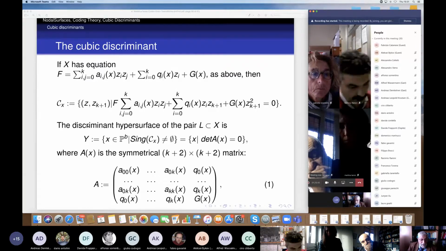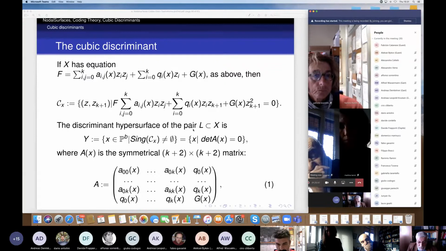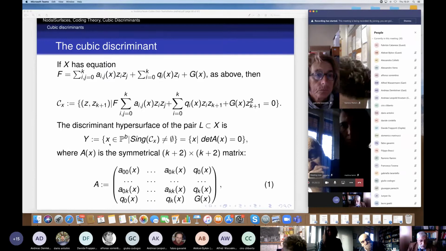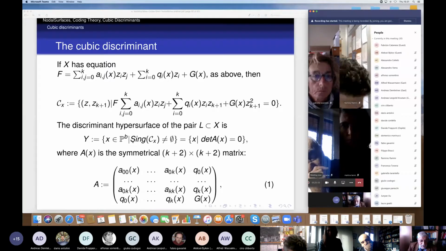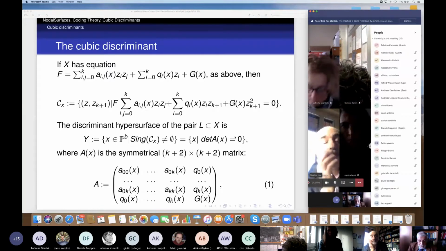The discriminant of this pair, the linear subspaces contained in the cubic, are the points in the projected projective space such that this quadric is singular. So these are the points where this determinant vanishes.